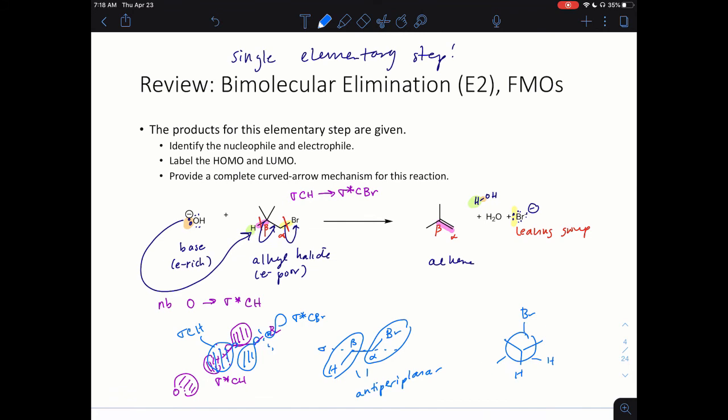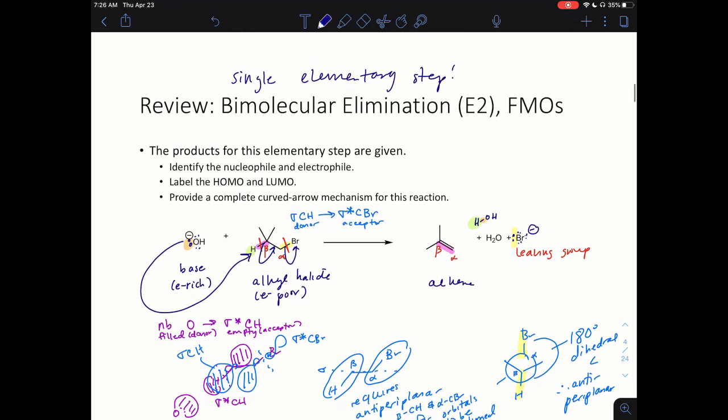Let's not worry about the other substituents, but here is your leaving CH bond that's being deprotonated and your carbon leaving group bond. They have a 180-degree dihedral angle, and so that makes them anti-periplanar. Anti means 180-degree dihedral angle, and the periplanar means that they're in the same plane. Okay, that's fun, right?